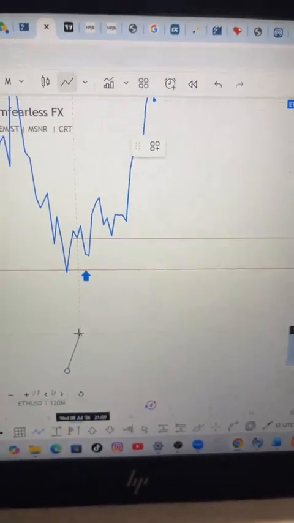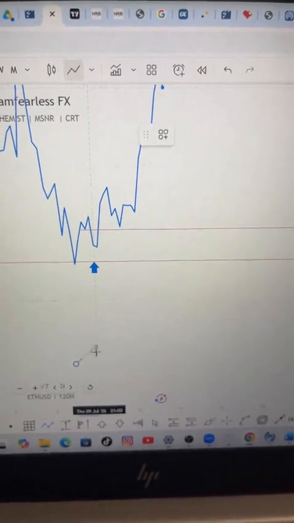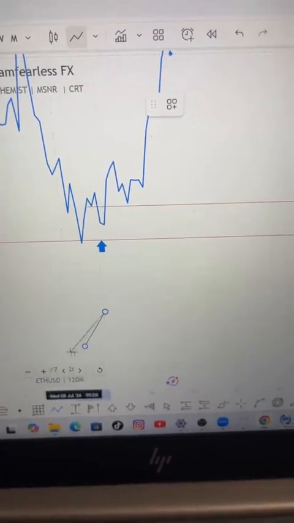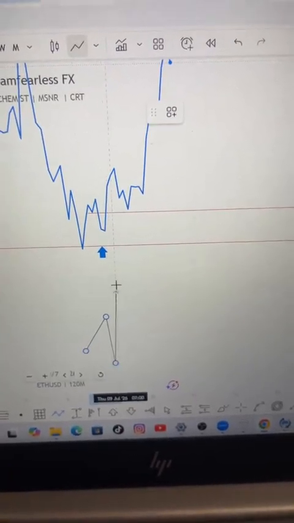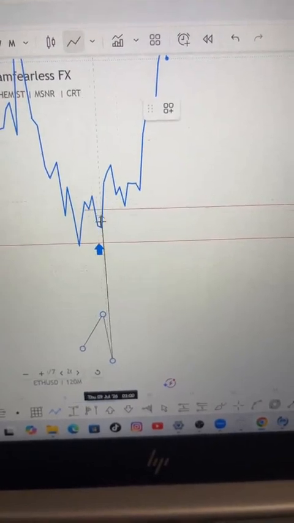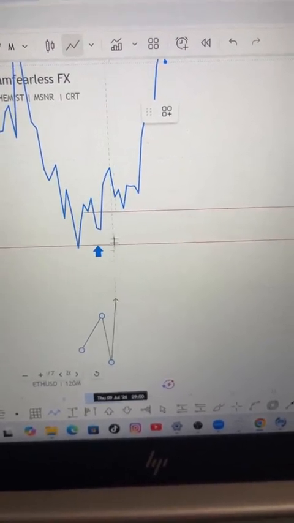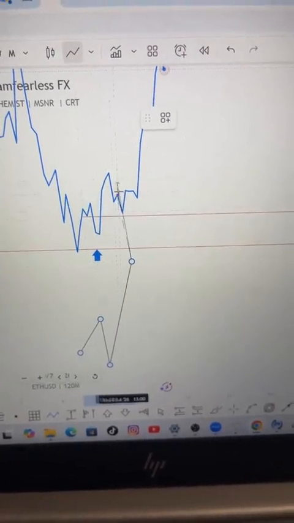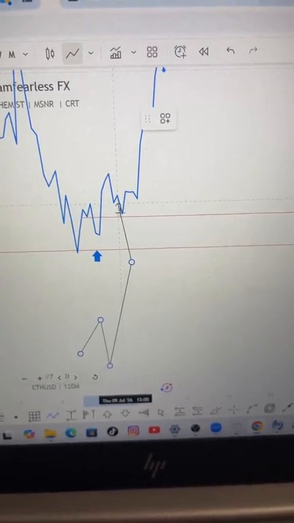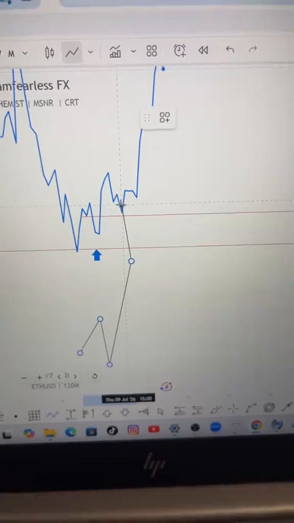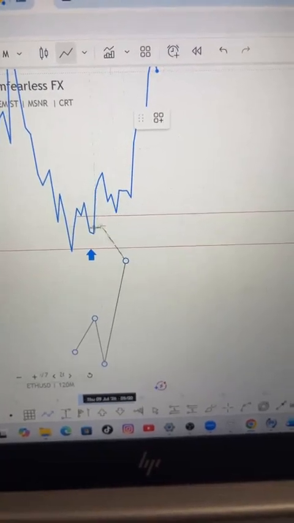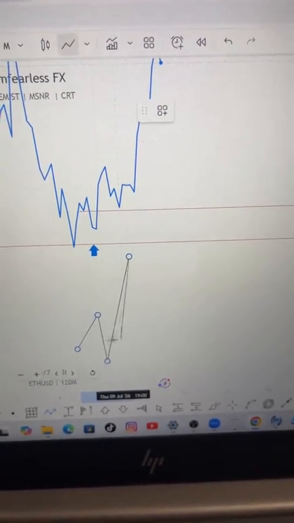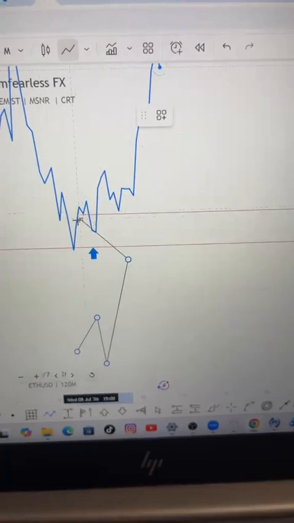Now we have a break to the upside like this, and a sweep of the low, and a breakout again to the upside, and a reversal back. This can be liquidity, just structural liquidity as the case may be, and entry back to that point of invalidation.